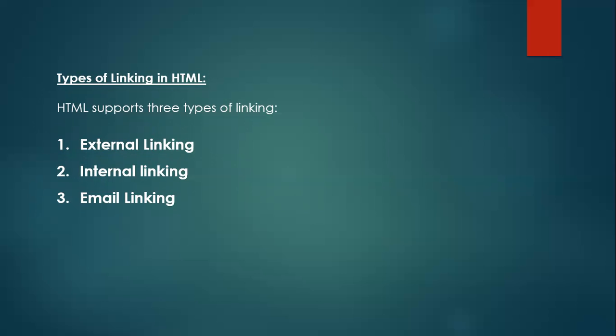The first type is external linking. The second one is internal linking. And the third is email linking. So three types of linking are supported by HTML: external linking, internal linking, and email linking.